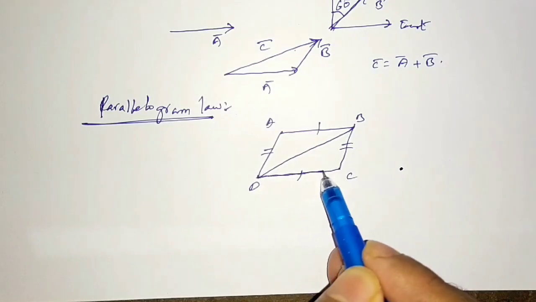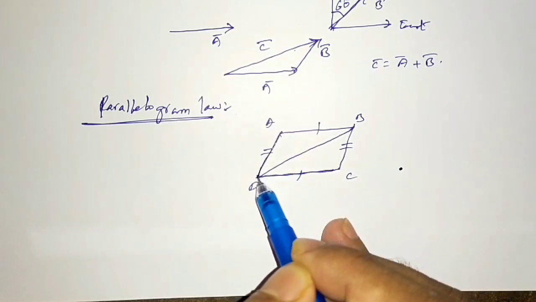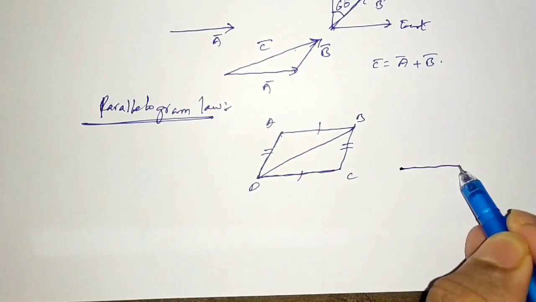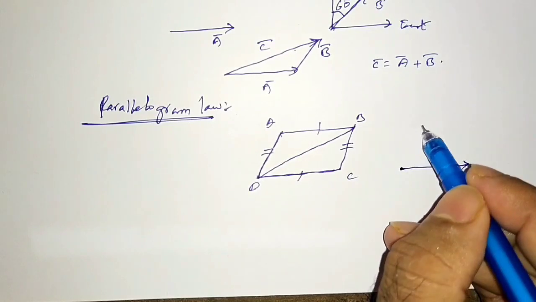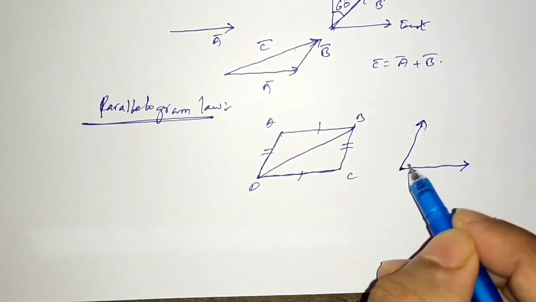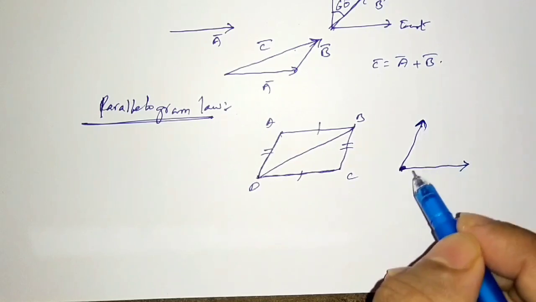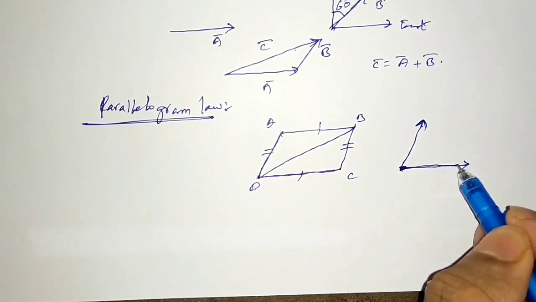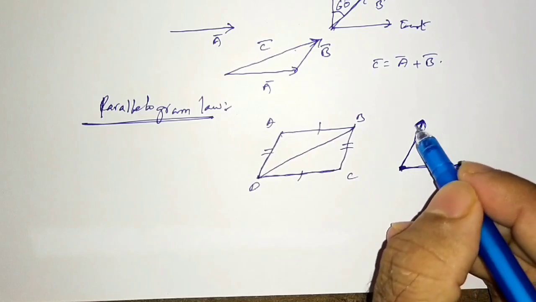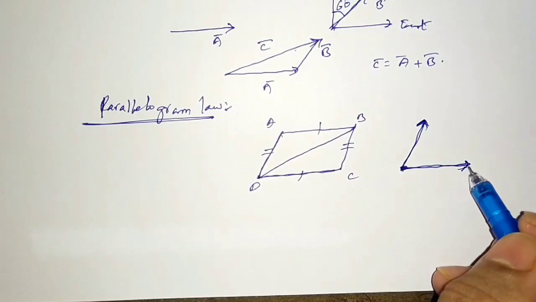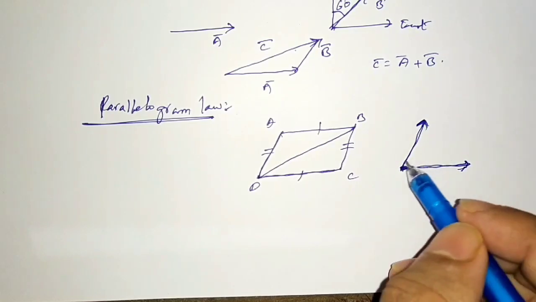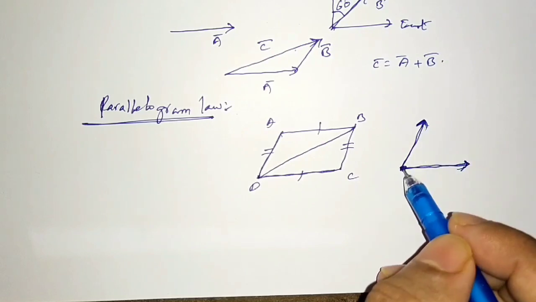This one and this one. That means if the vectors are represented in this way, acting from the same common point, and represented by the sides of a parallelogram both in magnitude and direction, this is direction, this is direction. Magnitude means length of the vectors.